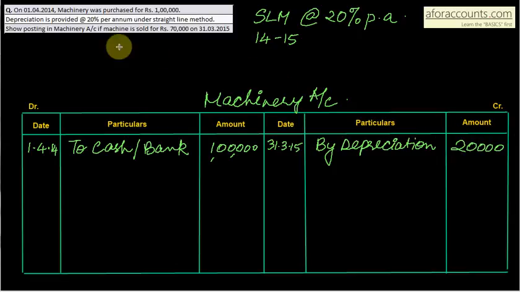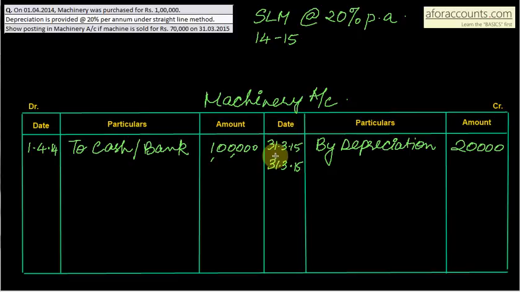Now, show posting in machinery account if the machine is sold for 70,000 on 31/3/2015. So it is also sold on 31/3/15. You have received 70,000 due to sale of machinery. So the entry will be bank account debit. Money is received, machinery is sold, so you debit bank account and credit machinery, because machinery is no more with you.